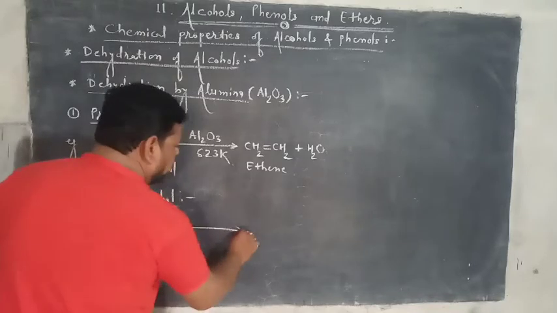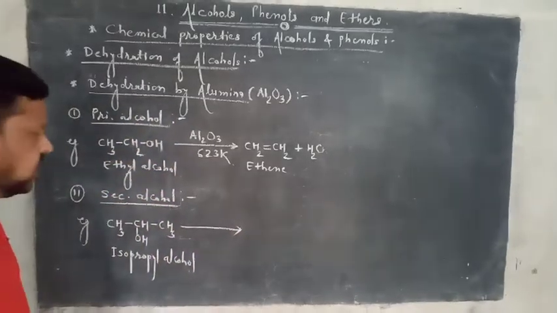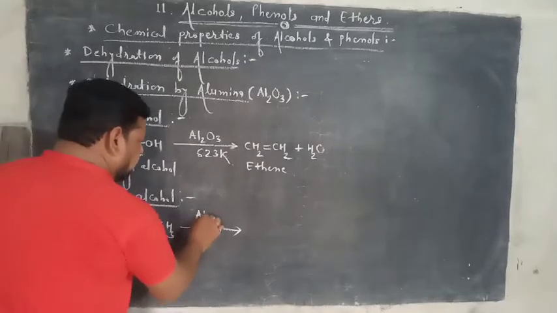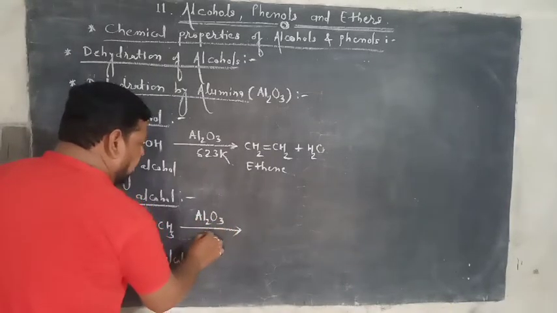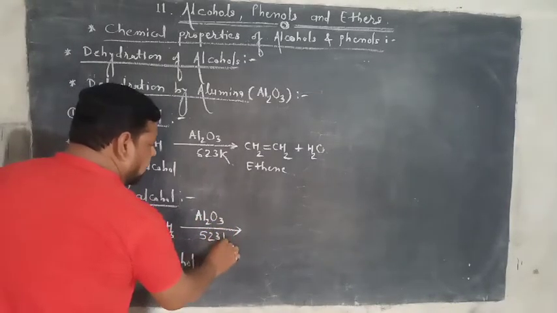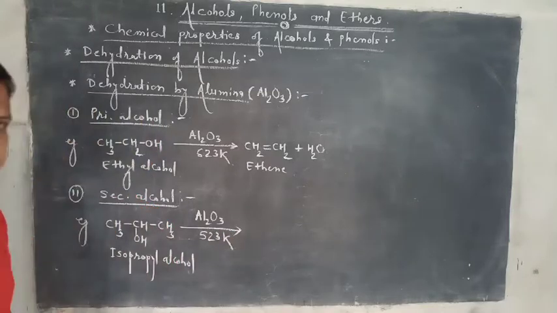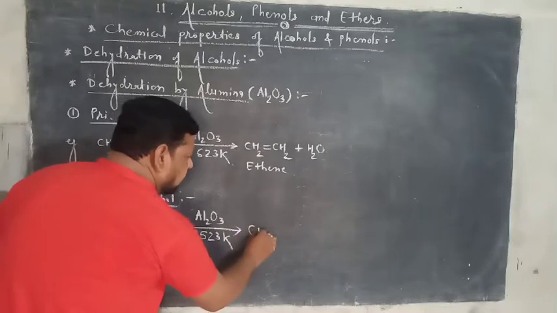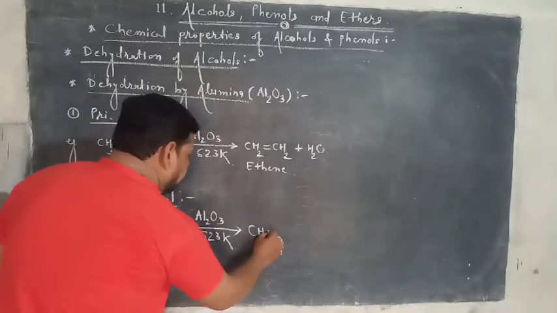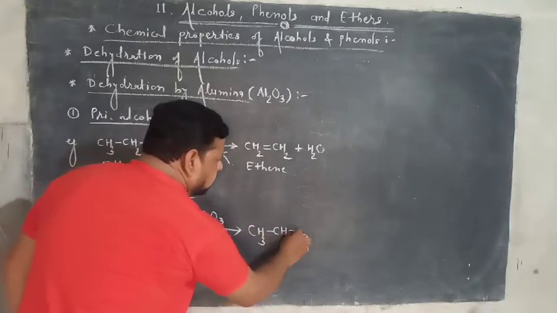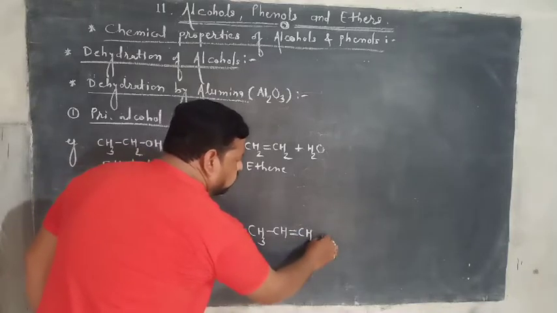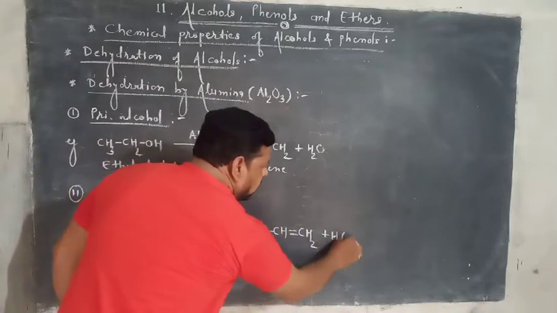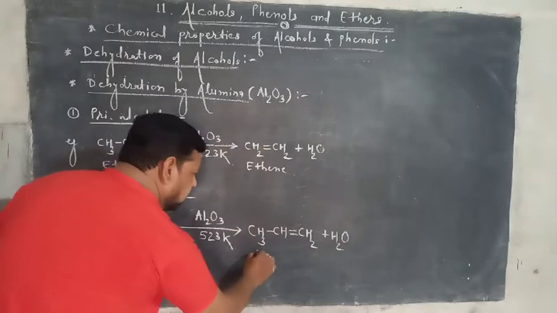This isopropyl alcohol is heated with alumina at 523 Kelvin temperature. Then it gives CH3CH=CH2 and a water molecule. This is propene.